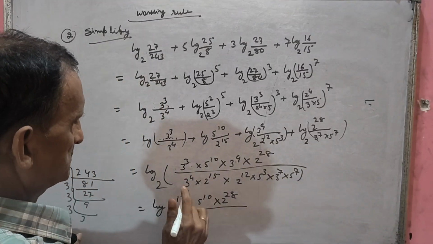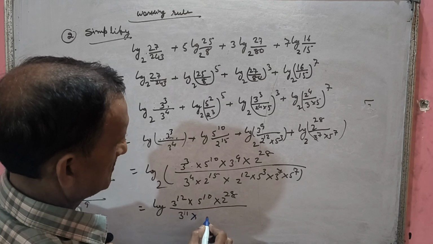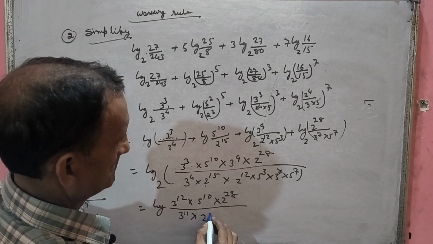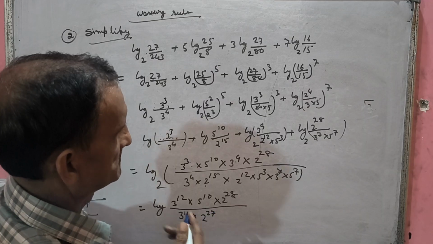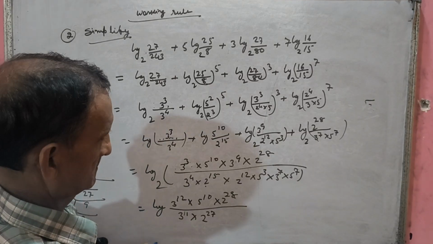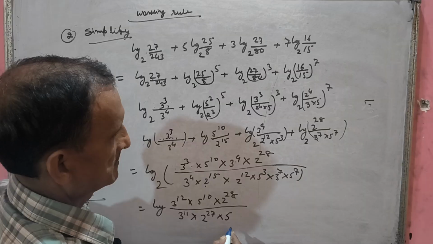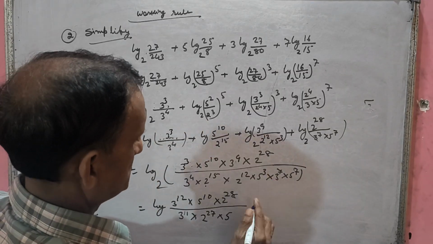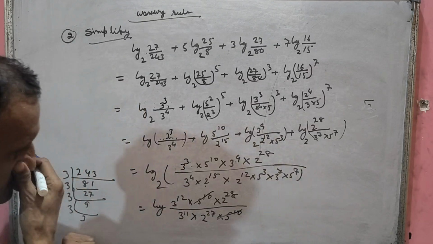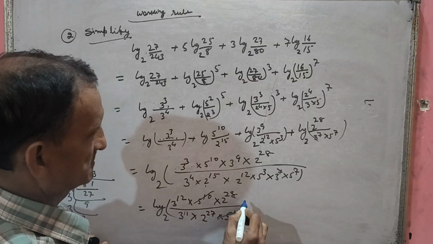Okay, 7 plus 4, 3 to the power 11, into, see about 2, 2 to the power 15 and 12, 27, 2 to the power 27. And 5, what about 5? 5 to the power 7 plus 3, 10. So we are cancelling this, okay. Cancelling this. And the base is 2 here, you mention.